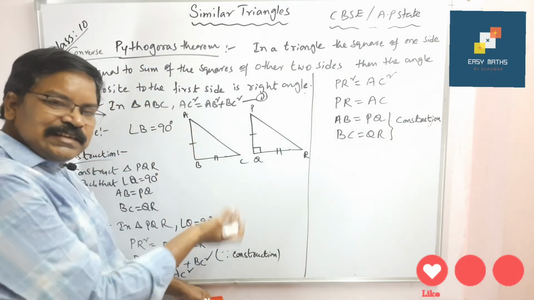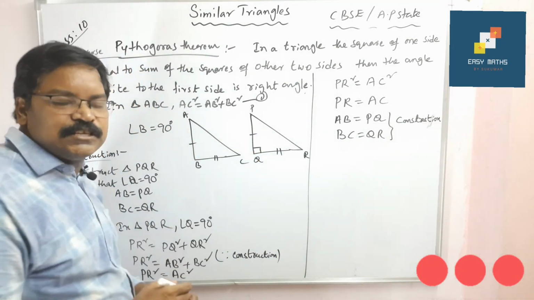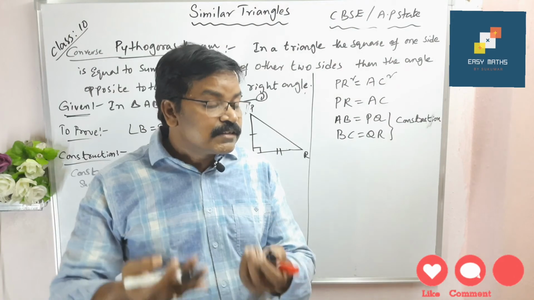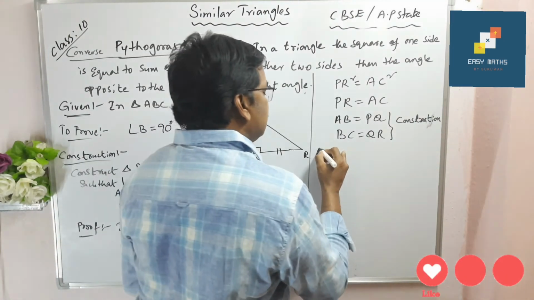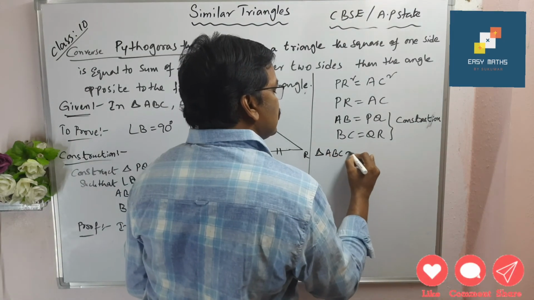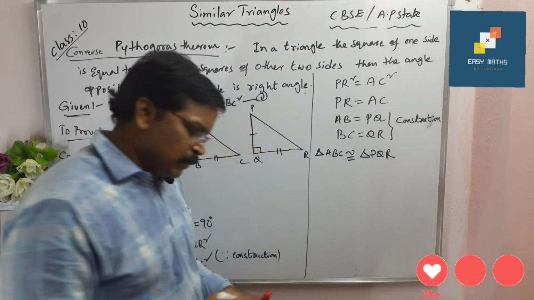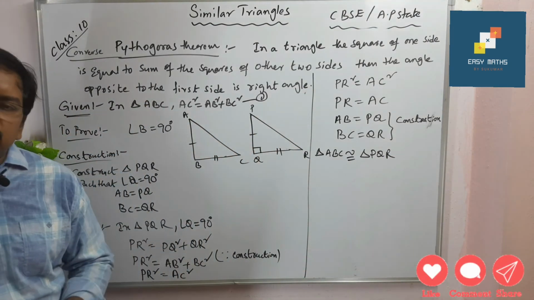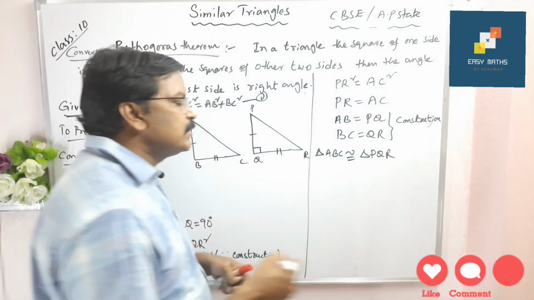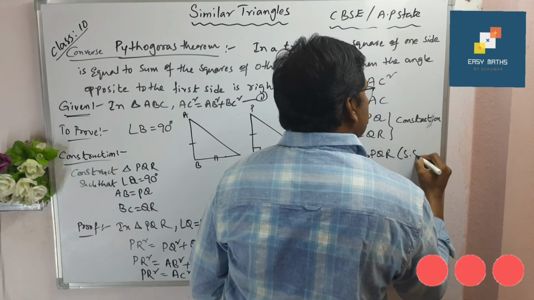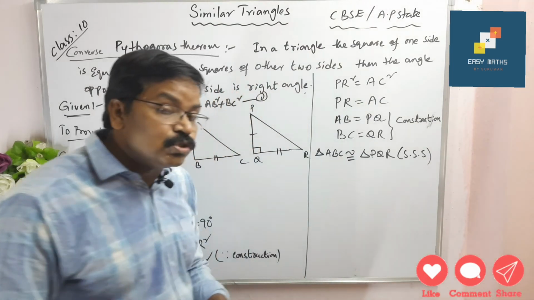Therefore, we can say that these two triangles are congruent. Triangle ABC is congruent to triangle PQR. Why are they congruent? According to the SSS congruency rule.